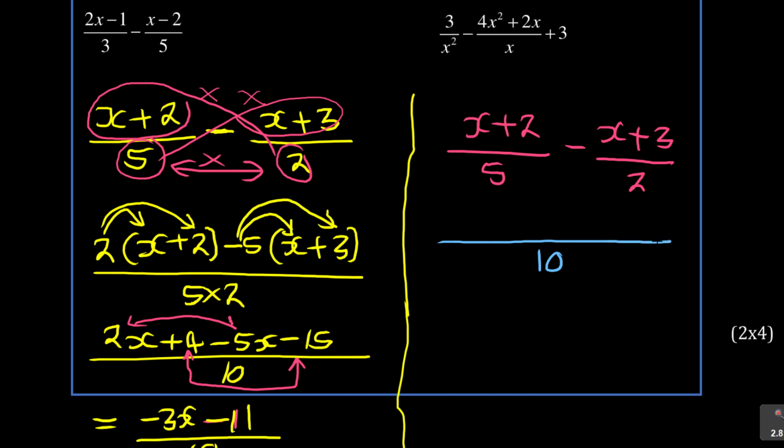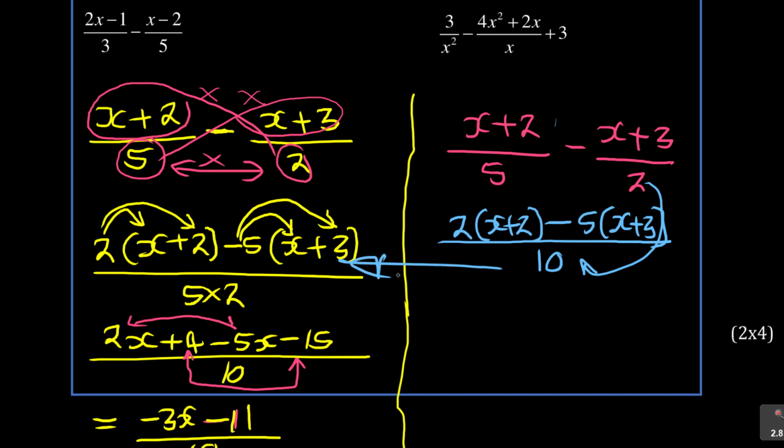Then from there you say 5 into 10 is 2, multiplied by the top, which is x plus 2. Minus, how many times does 2 go into 10? It goes 5 times, bracket x plus 3. You see? So it's actually easy, man.